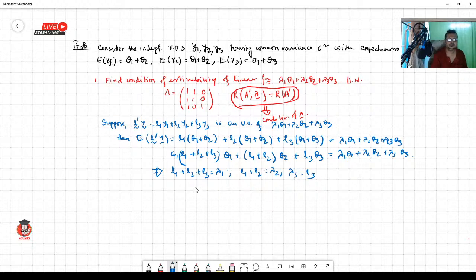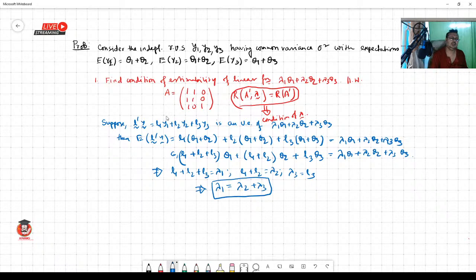So from these 3 equations, we see that lambda 1 equals lambda 2 plus lambda 3. So lambda 1 theta 1 plus lambda 2 theta 2 plus lambda 3 theta 3 is estimable when lambda 1 equals lambda 2 plus lambda 3.